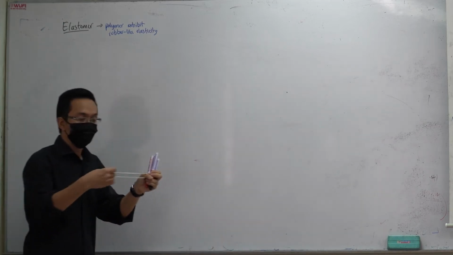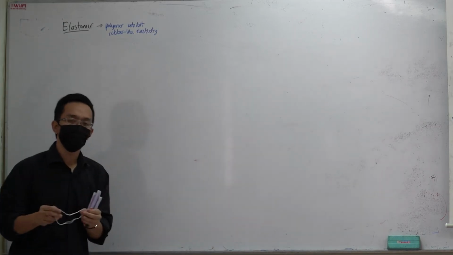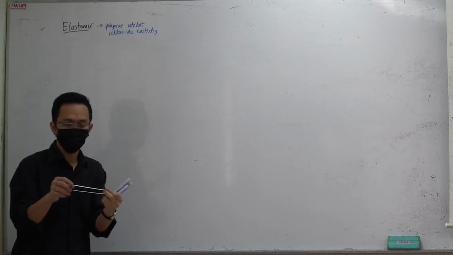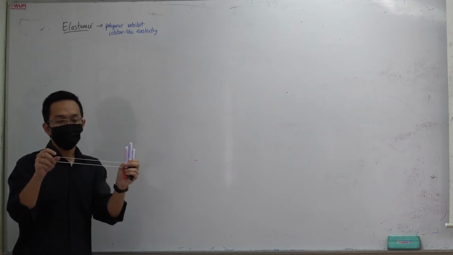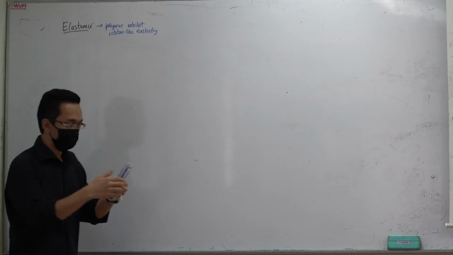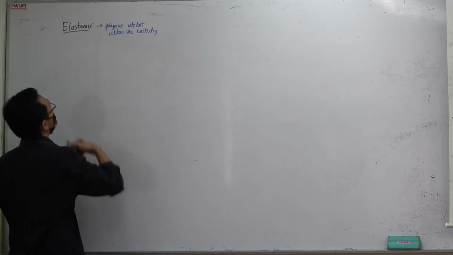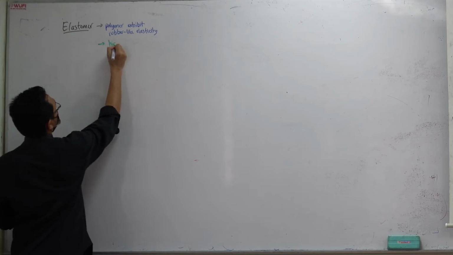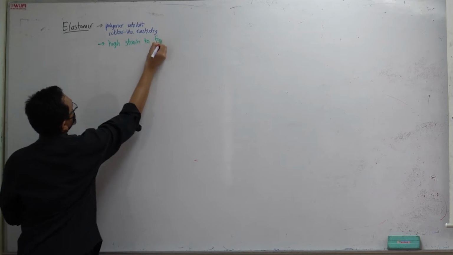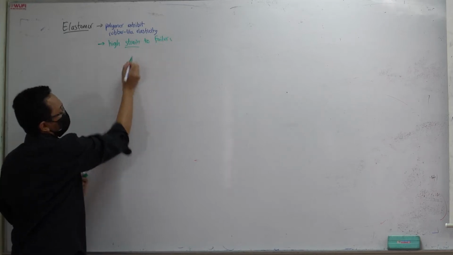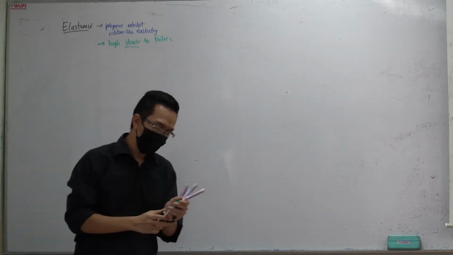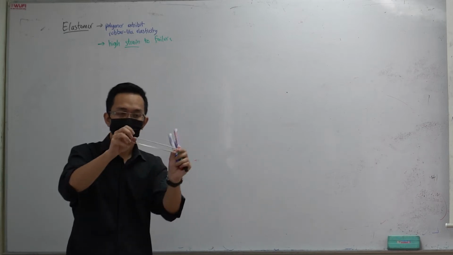Another way to define elastomer is basically a material, a polymer that has high strain to failure. The strain is basically how long it can deform before it breaks.